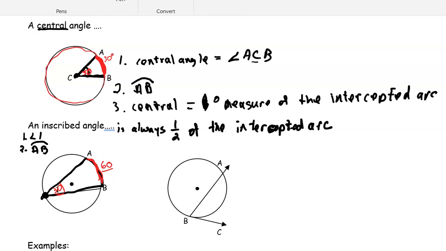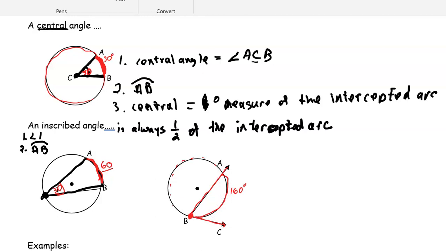Same here. So here's our inscribed angle. It's a vertex on the circle, and then we create an angle out of this. Whatever this arc is here, let's say that uses up maybe 160 degrees of the full 360 all the way around our circle. That's 160.